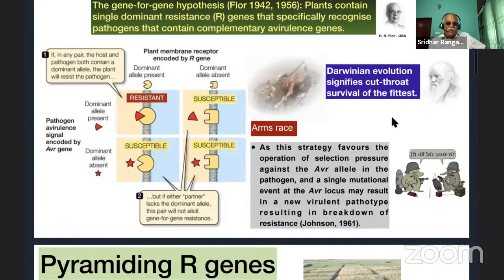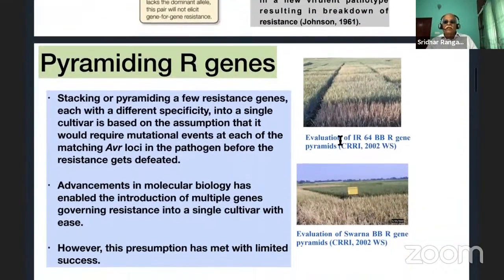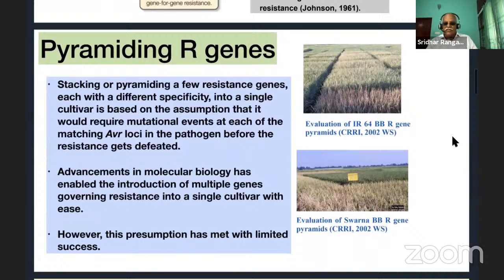So each one of them tries to adjust and then evolve to withstand the stress or tension that is created by the newer strains or modifications in the virulence gene. And essentially, this arms race is the problem with agriculture, as it causes the devastating diseases. Whoever is winning, the pathogen wins almost in a short period of time, but it takes a little bit longer time for the host to come out with the appropriate resistant genes.